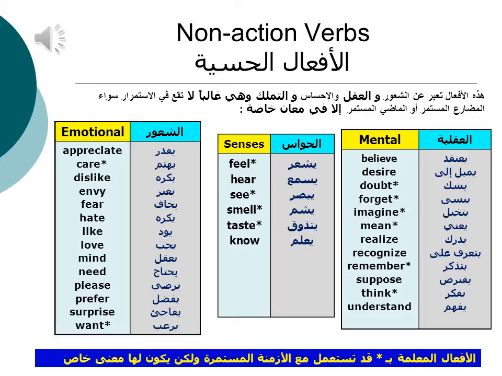The second column contains certain verbs that refer to senses. Verbs like feel, hear, see, smell, taste, know. The third column refers to verbs that describe mental status.